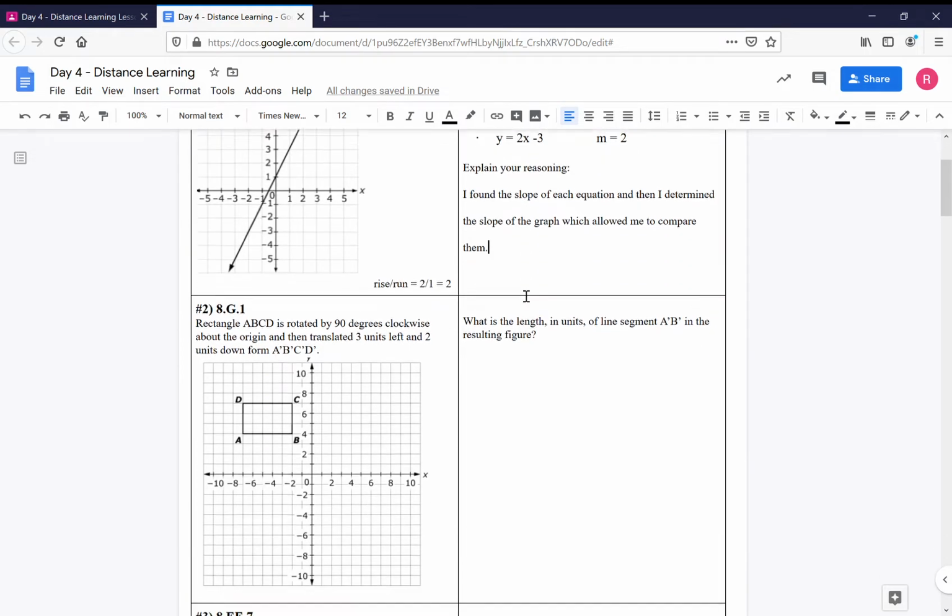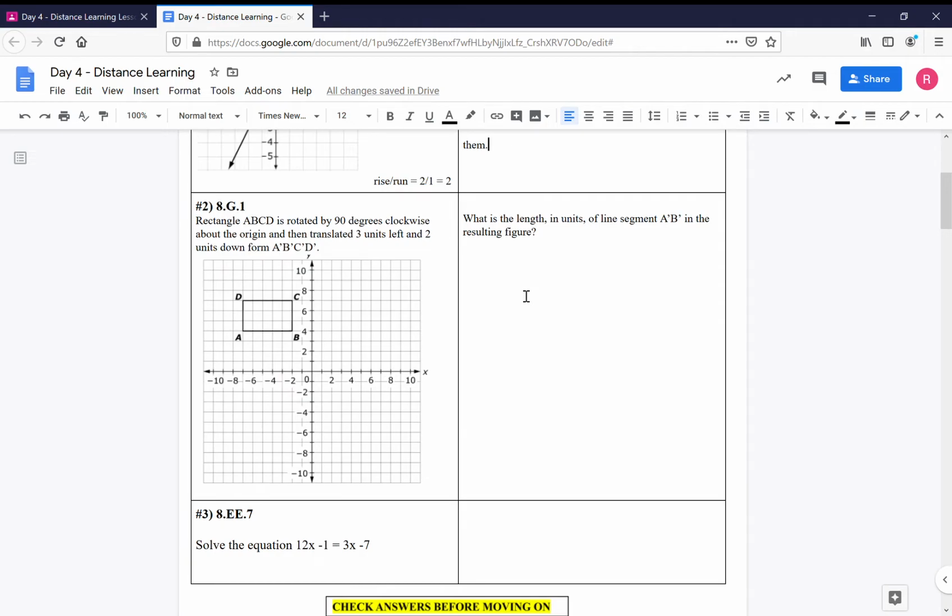For number 2, what is the length in units of the line segment A prime B prime in the resulting figure? Rectangle ABCD is rotated by 90 degrees clockwise about the origin, then translated 3 units to the left and 2 units down, to form A prime, B prime, C prime, D prime. Looking back at the question, what is the length in units of the line segment A prime B prime in the resulting figure?